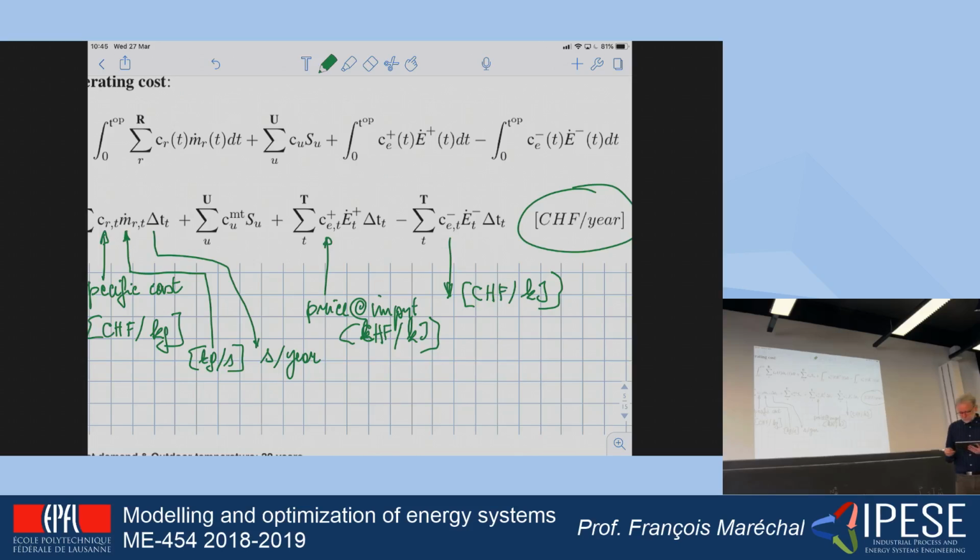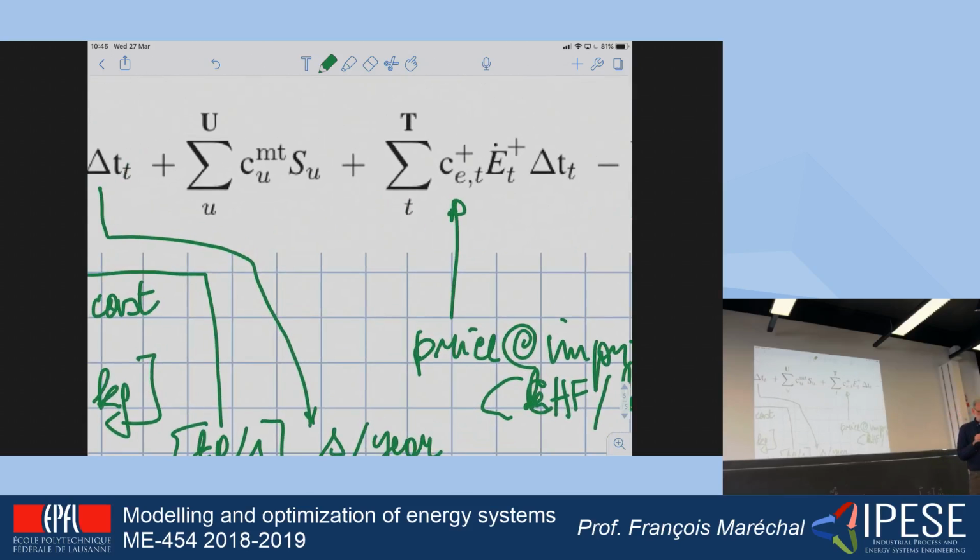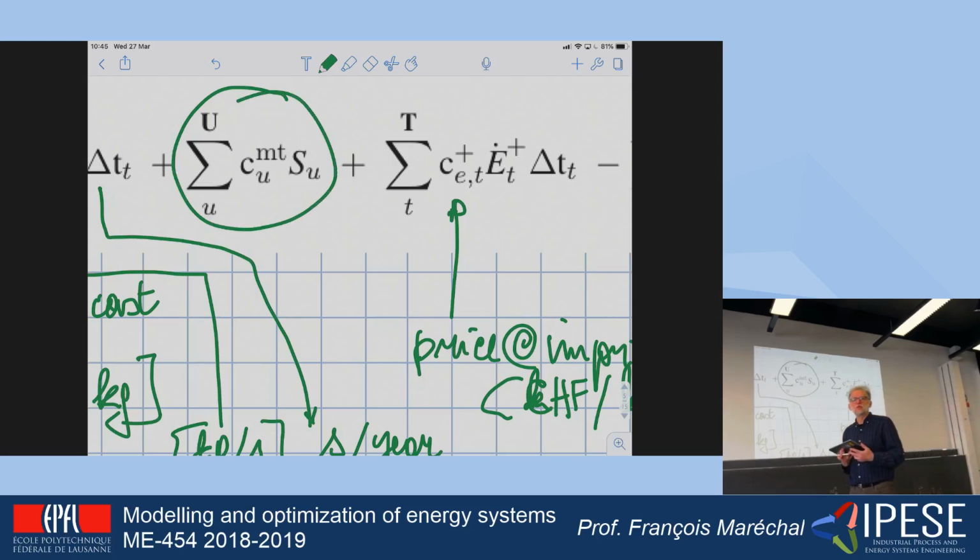And the last dimension that I have added in the operating cost is this term here. It's an operating cost, the amount that you have to pay for the maintenance. The maintenance is needed because we have heat pumps that use compressors.